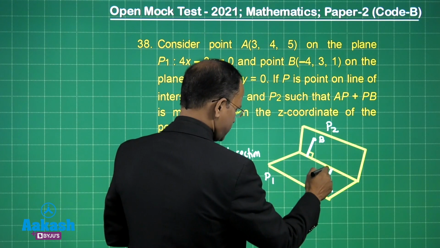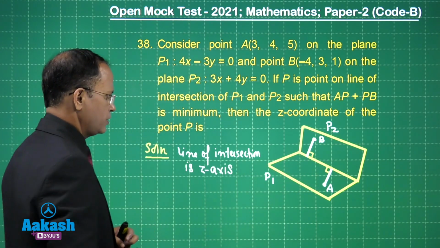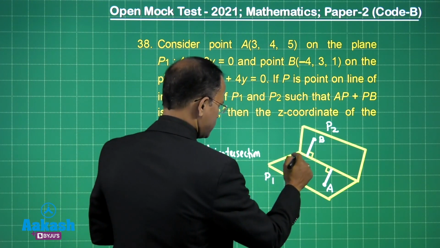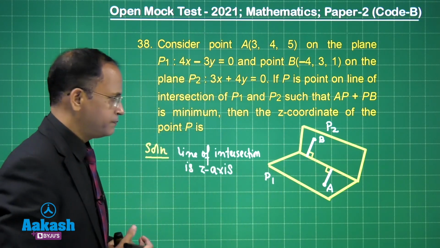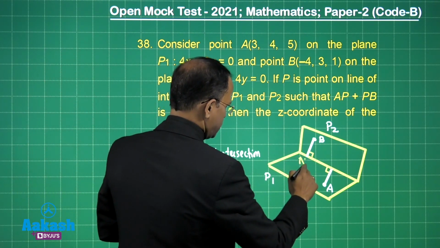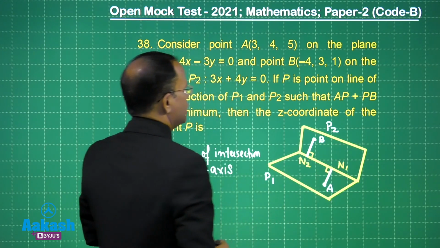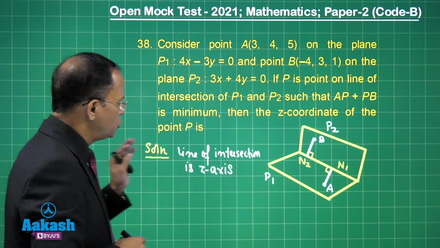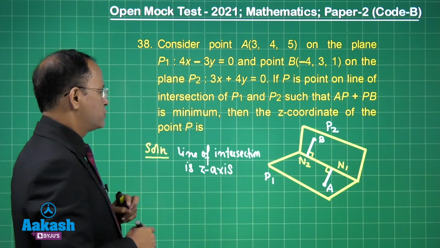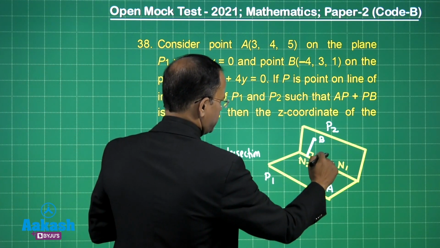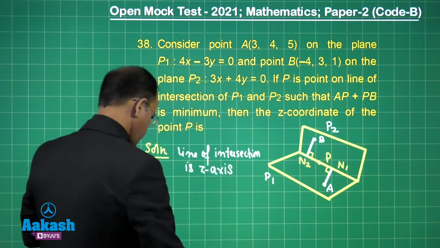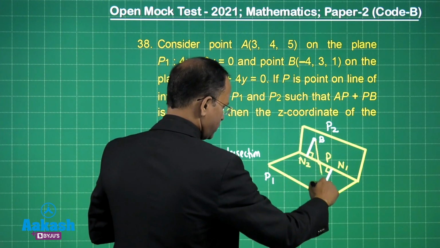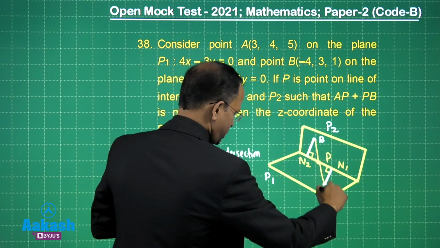When you drop a perpendicular, because this is the z-axis, what will be the point here? Let me take this as N2 suppose, and this is N1. And P is a point on the line of intersection of the two planes such that AP plus PB is minimum. So let me take this P to be here, suppose. And we can join BP and then AP.